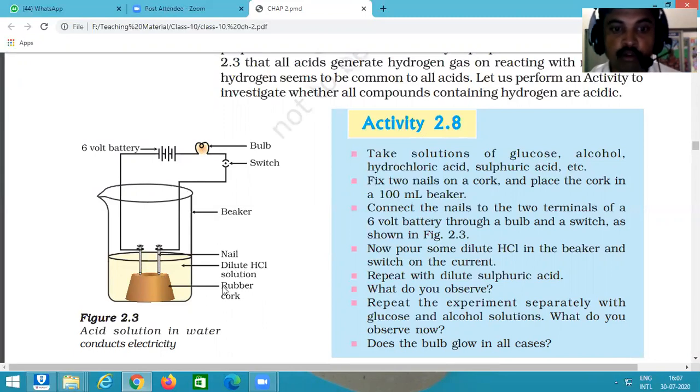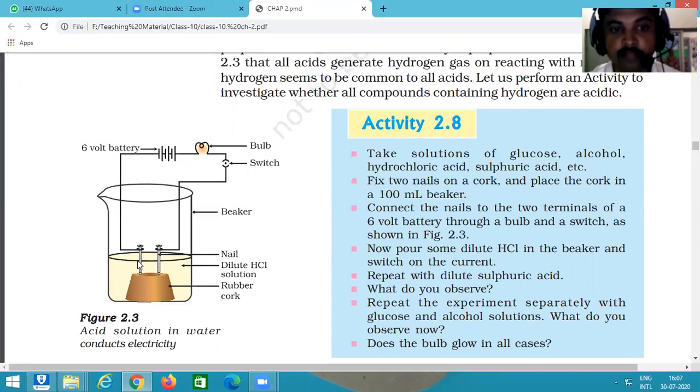Why? Because when HCl is dissolved and electricity passes through it, it divides into ions, positive ion hydrogen and negative ion chlorine. So when ions are present in the solution, it shows the property of conductivity.